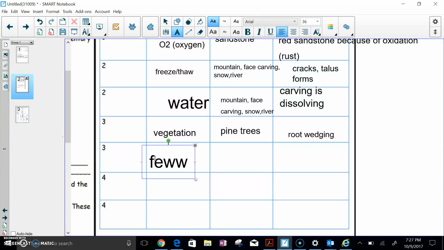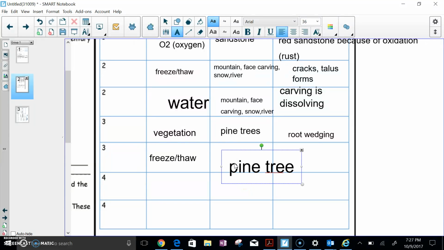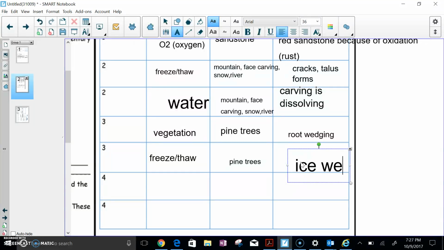Helps if my hand is on the right key. Okay, freeze, thaw. We have pine trees again. And we have ice wedging. Okay, last scene.